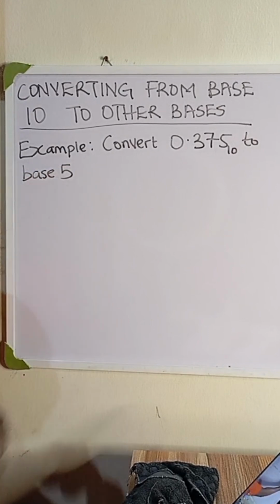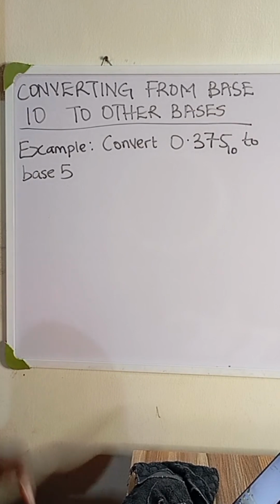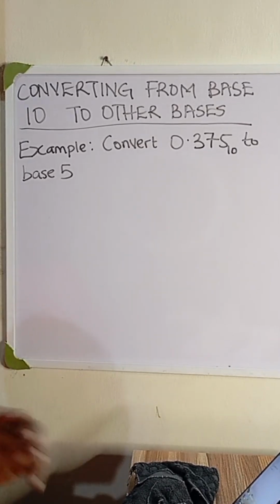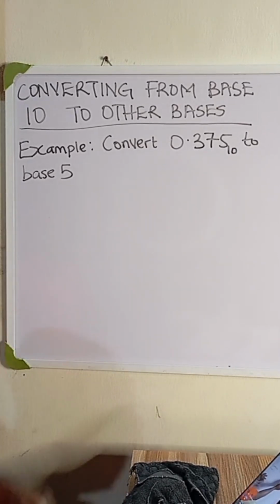Okay, so let's convert 0.375 base 10 to base 5. So this is a decimal, so we are not dividing by 5, we are multiplying by 5.